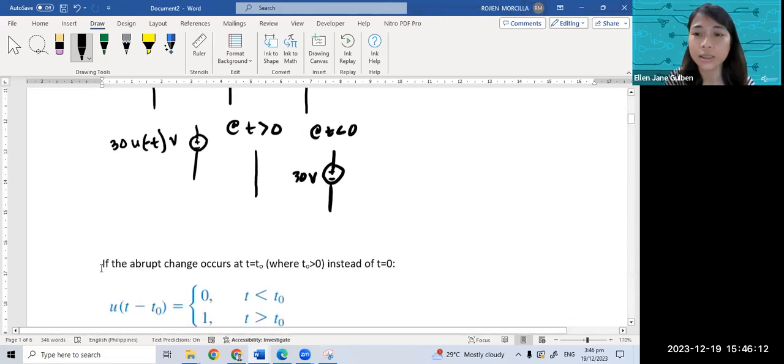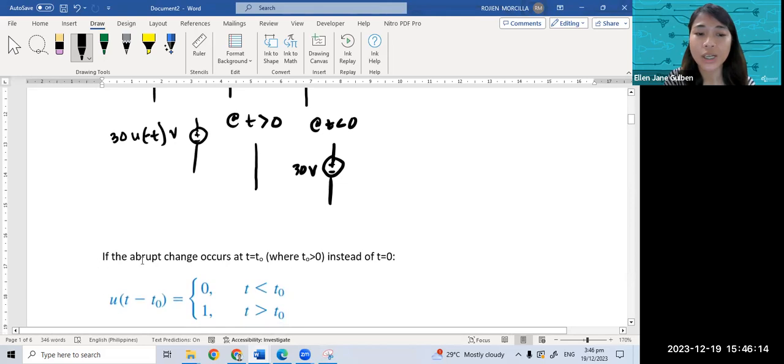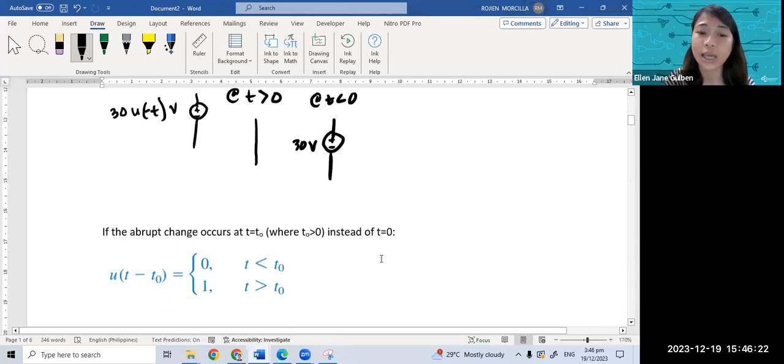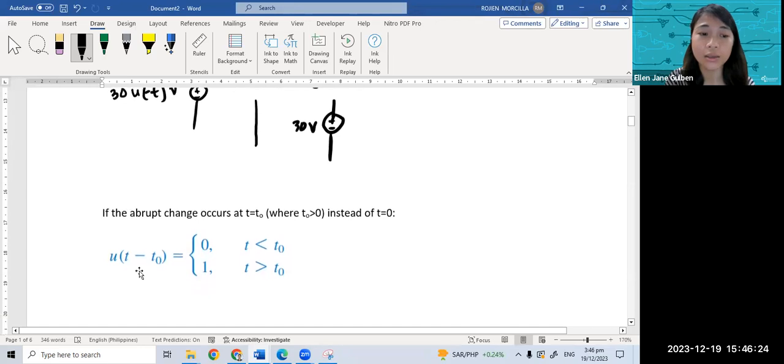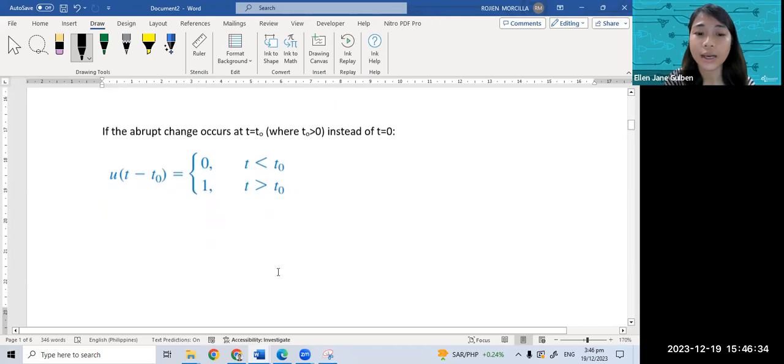So if the abrupt change occurs at t equal to t0, where t0 is greater than 0 instead of t equal to 0, it means your time is delayed. So you will get u of t minus t0 is equal to 0 at time less than t0 and 1 at time greater than t0.